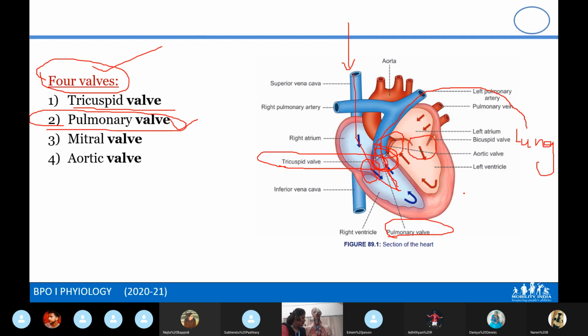So now via pulmonary artery, from the right ventricle, blood goes to lungs. So there blood purifies. Okay, blood purifies.